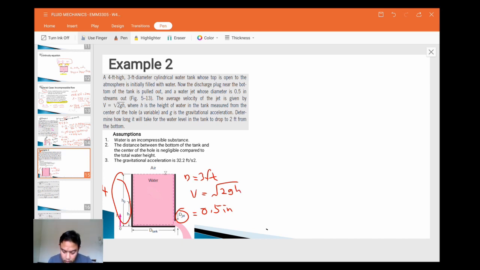Okay, so the question is: determine how long it will take for the water in the tank to drop to 2 feet from the bottom through the hose. So automatically we know that H2 is 2 feet.